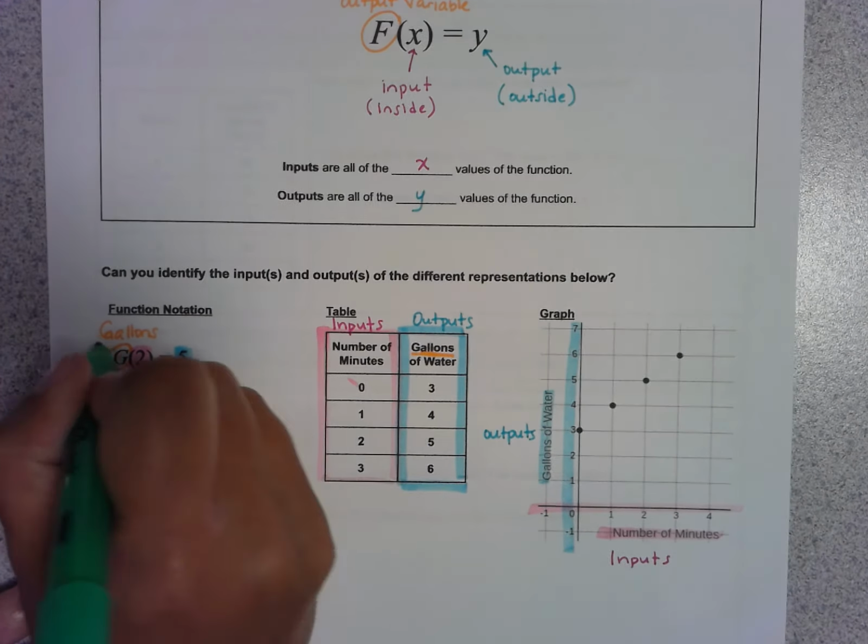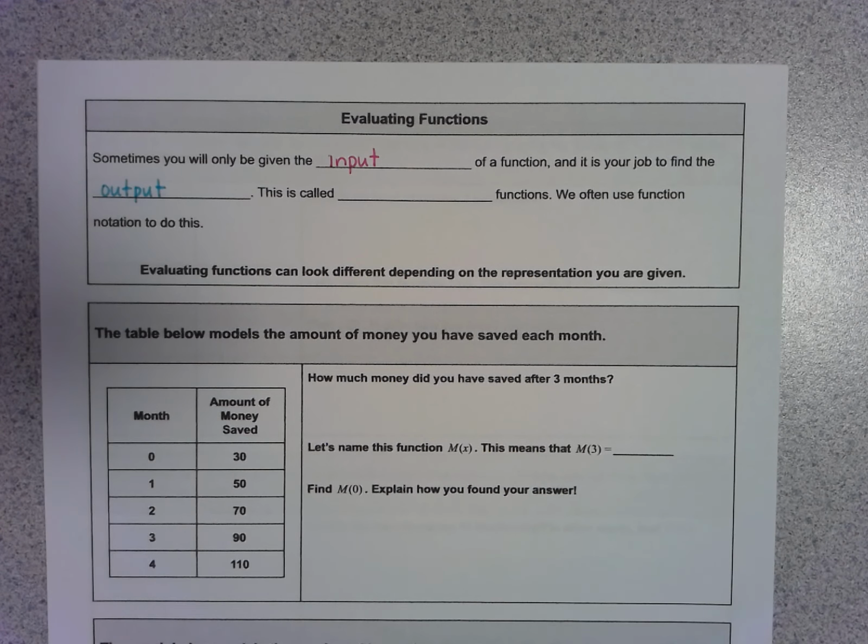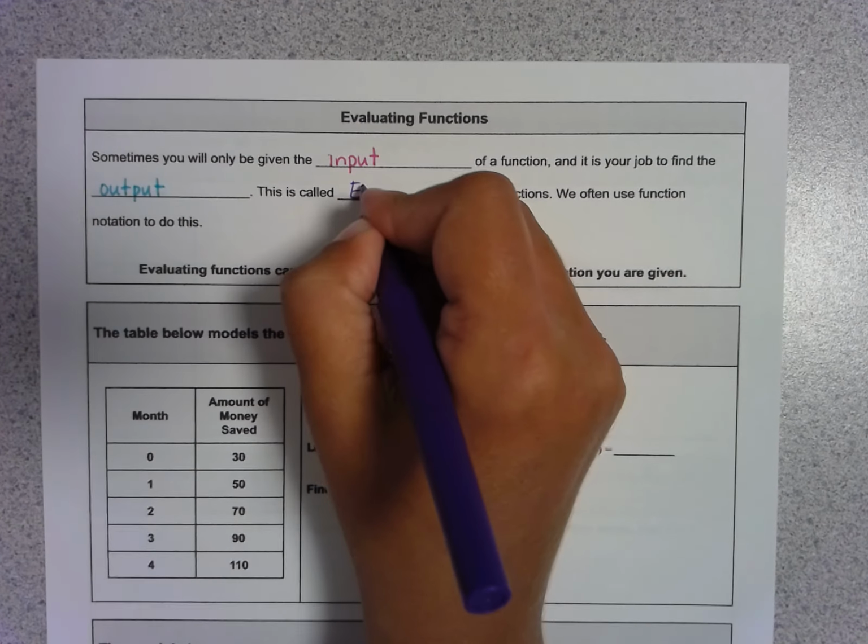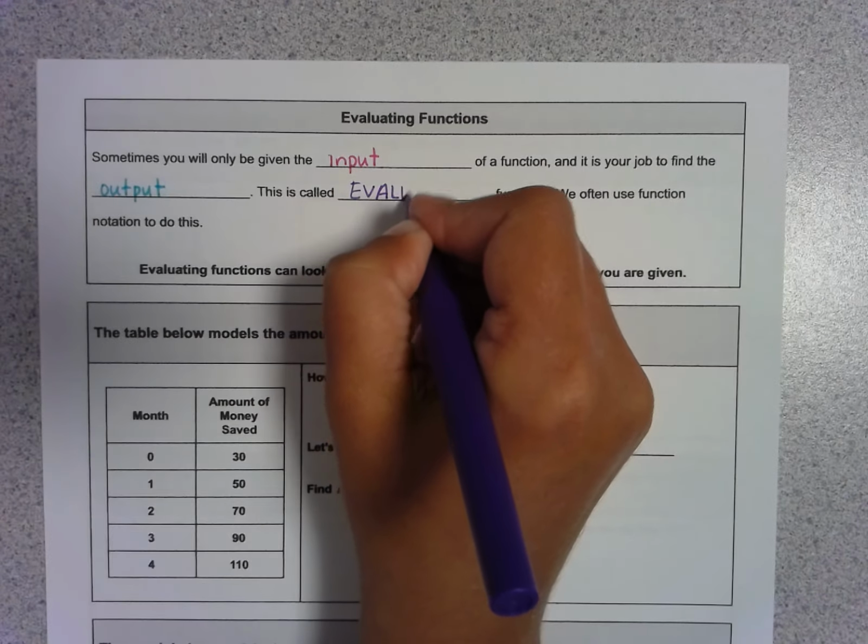Sometimes what's going to happen is that you will only be given the input of a function. Your job is going to be to find the output. This is called evaluating a function. And we use function notation to do this.